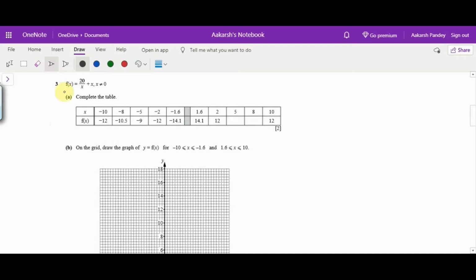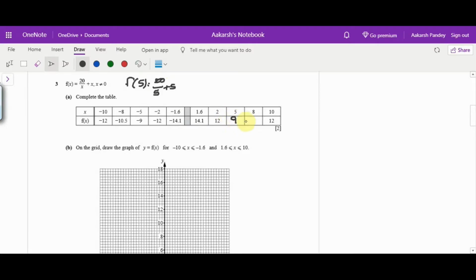Now we are on question 3. This is a graph question and this is going to be long, because usually in a graph question they have a lot of sub questions, as in you have to solve using the given graph itself. So let's just start. Firstly, input these values of x. So f of 5, that is 20 by 5 plus 5.